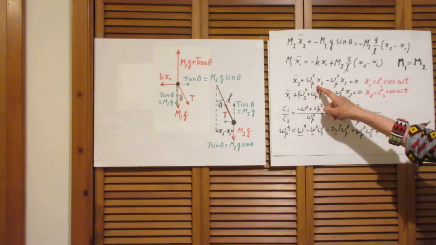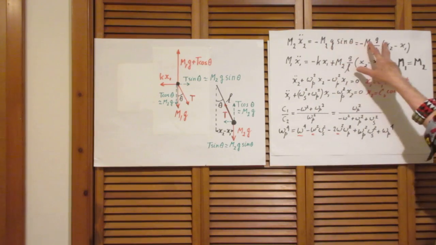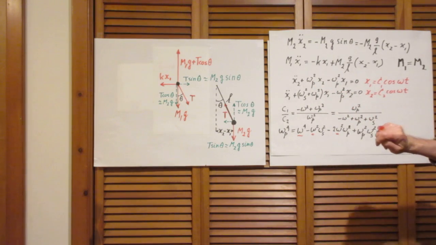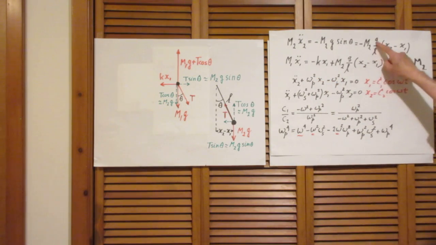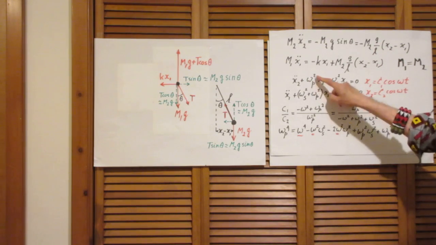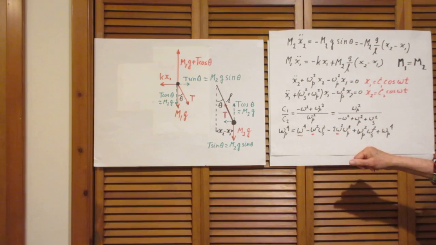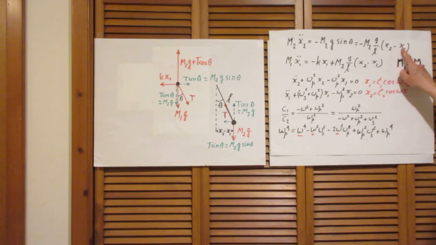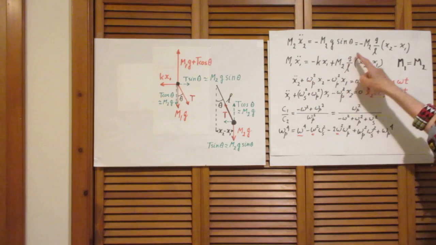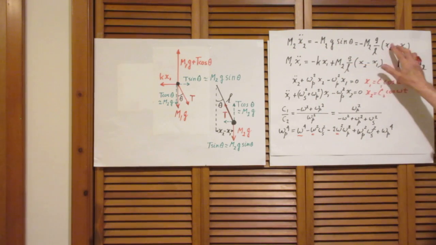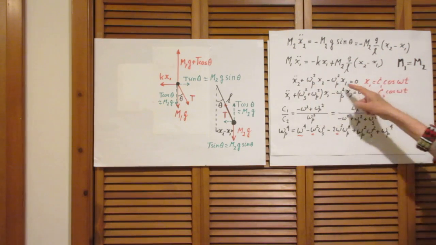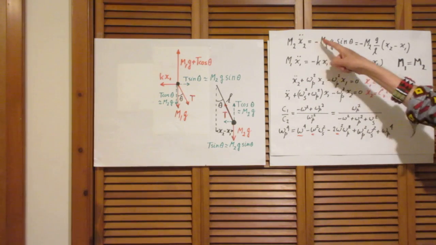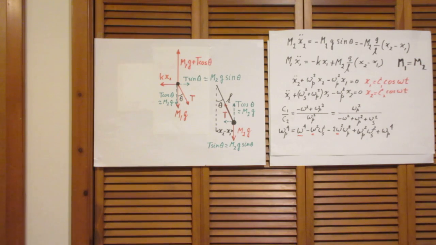m2 is gone here. I move this to the other side, so it becomes a plus. And so I get g over L, which is omega p squared, times x2. And then we get omega p squared times x1. One has a plus sign, but it flips over, and the other has a minus sign. So this is straightforward high school algebra, which evolved immediately from this equation.